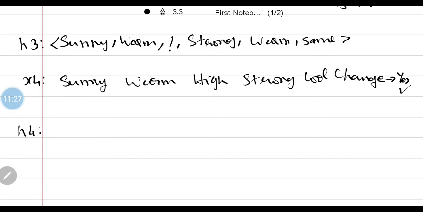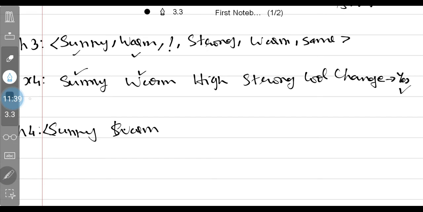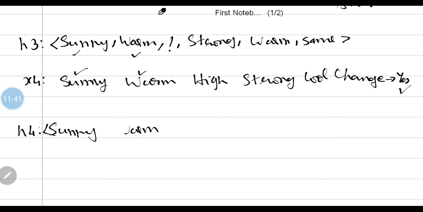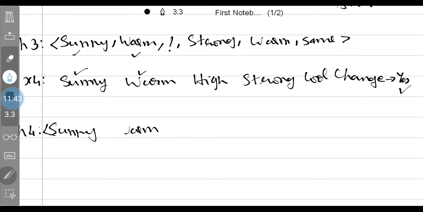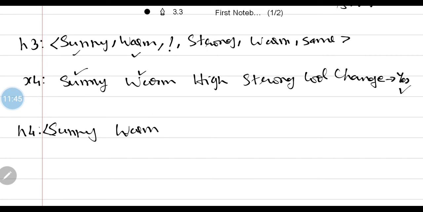So H4. Sunny and sunny are the same. It remains as it is in the hypothesis. Warm and warm are the same. It will be as it is. Next, the third one is a question mark. Since it is already allowing for question mark, no need to go with the updation. So question mark.